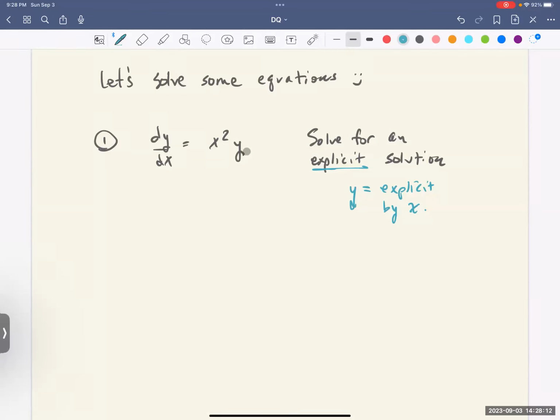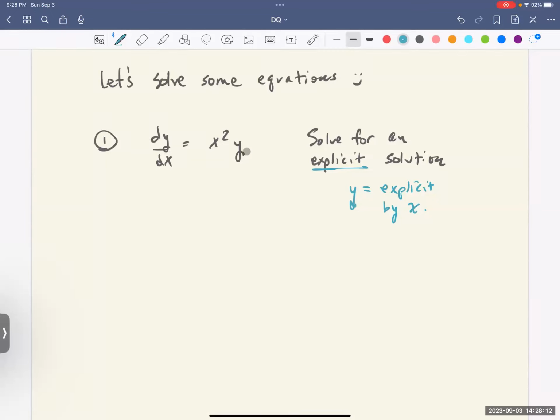Now we want to remove the, let's see, right now this is our implicit solution. Implicit solution because it's not a y equals something or an x equals something. It's a solution to the equation, but it has x's and y's mixed around with it. So now we want to solve explicitly for y in terms of x.